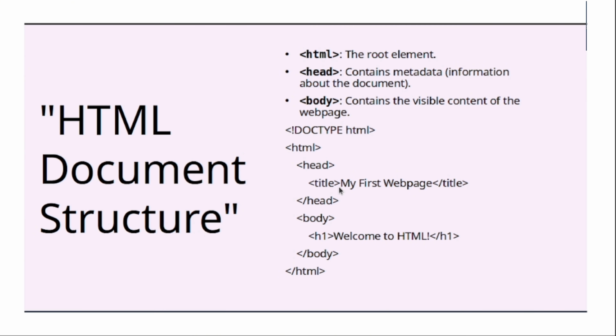The title is the title of our web page. When you go to any website, you can see the title of the web page, and in order to change it, you change the value inside the title. Next is our body. In our body, we will only write the code which needs to be shown in our web page. This is the simple HTML document structure.